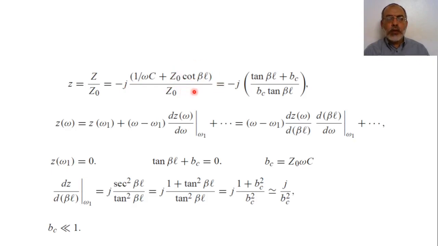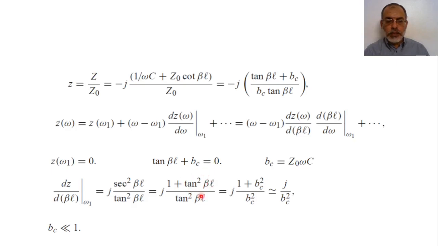So it is required to find out the first derivative of cotan beta L with respect to beta L. The derivative of cotan beta L is minus sec squared beta L over tan squared beta L. And we have already minus, so this would be j sec squared beta L over tan squared beta L. And sec squared can be represented as 1 plus tan squared beta L. So dZ over d beta L is j (1 plus tan squared beta L) over tan squared beta L. And actually from the resonance we know that at omega 1 tan beta L equals minus BC.